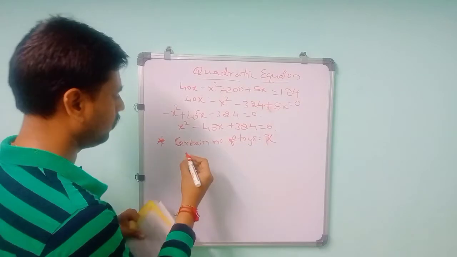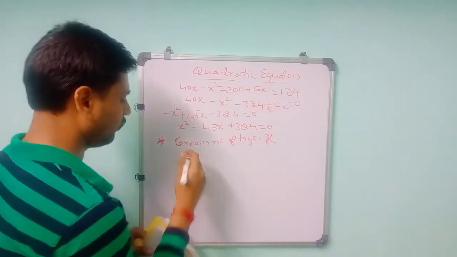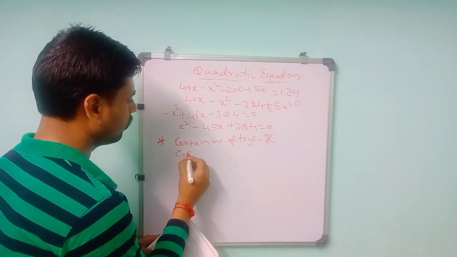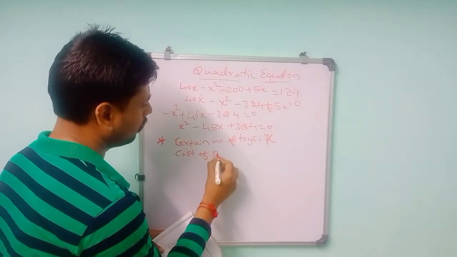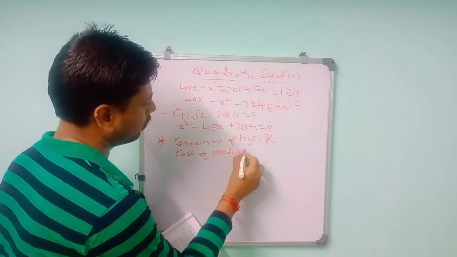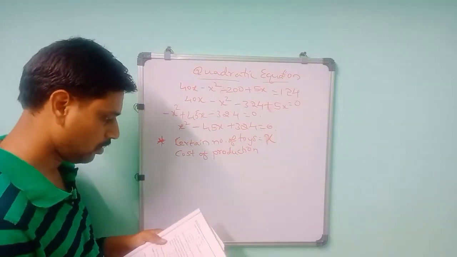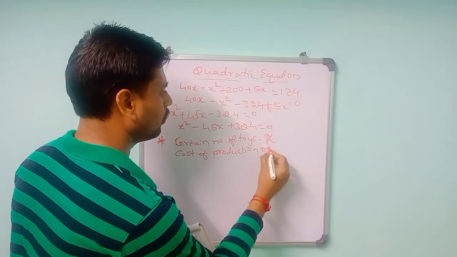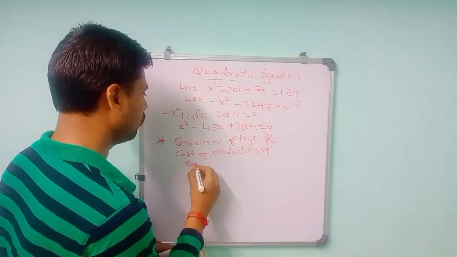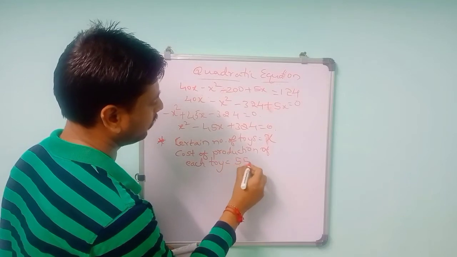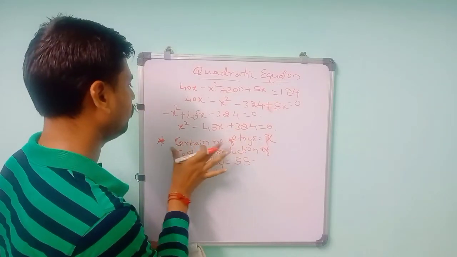So the cost of production of each toy, they have given as 55 minus the number of toys produced.